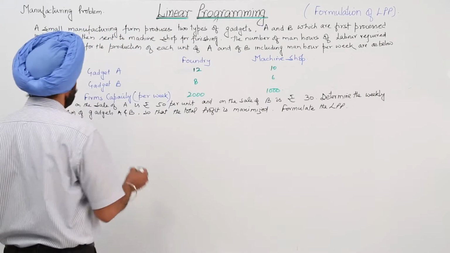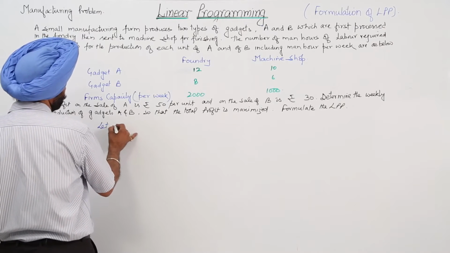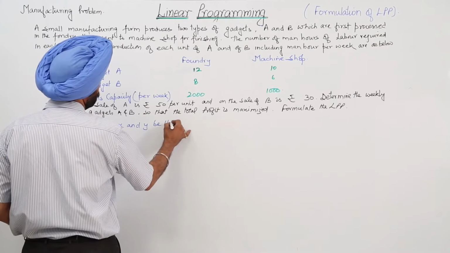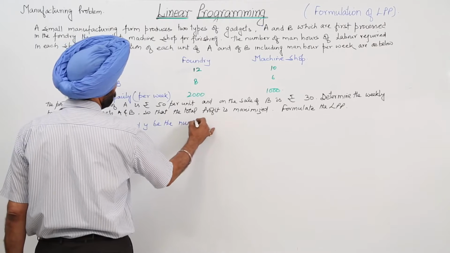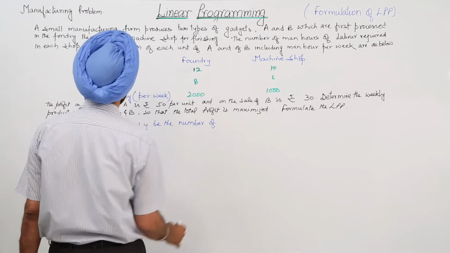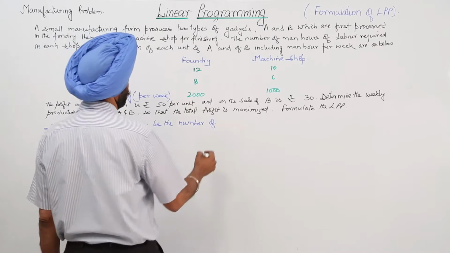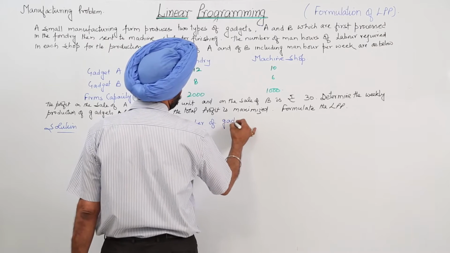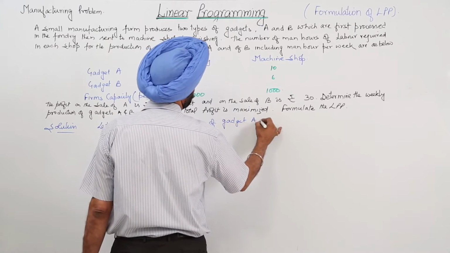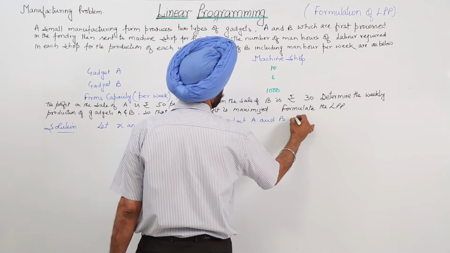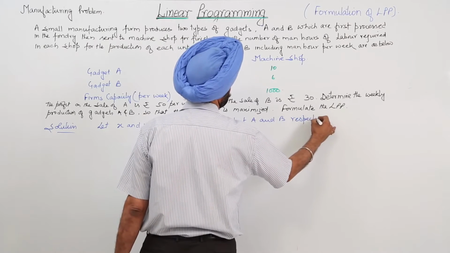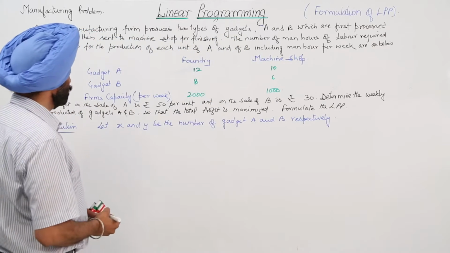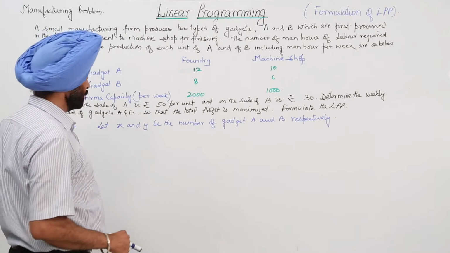Now we are having, let the decision variables x and y be the number of gadgets A and B respectively.